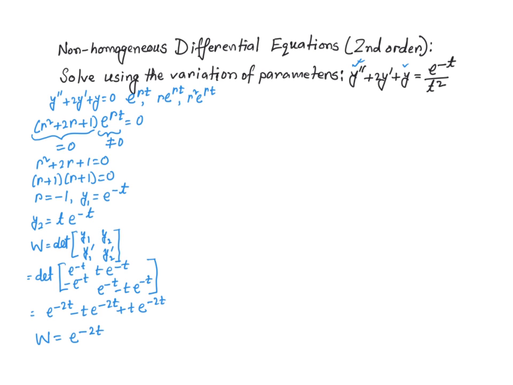Now we are going to use the variation of parameters formula. Here I just use the formula. I don't show you how to derive the formula. So we'll just go ahead and plug in the values in the formula.